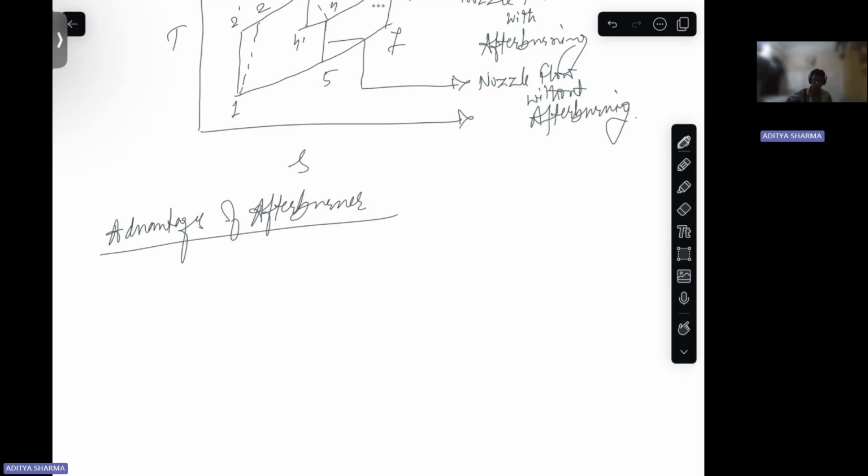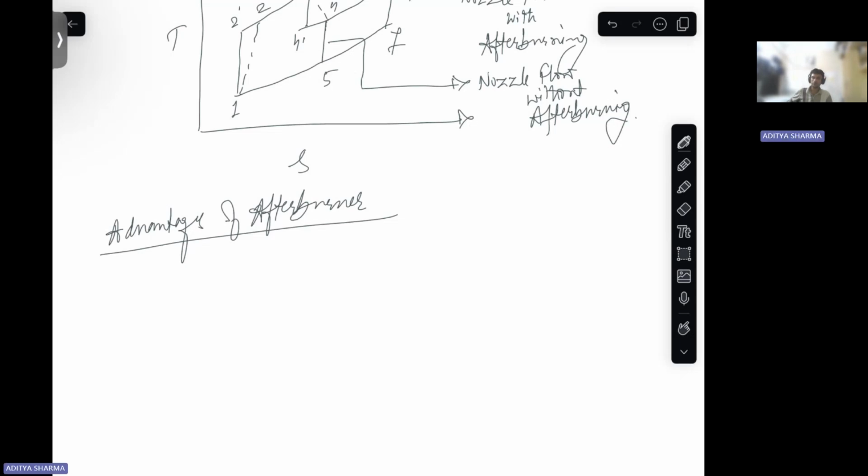So what are the advantages of the afterburner? It can increase your thrust by up to 40%. Okay, so that was a huge number. And what are the limitations? The limitation is that it will consume a large amount of fuel.